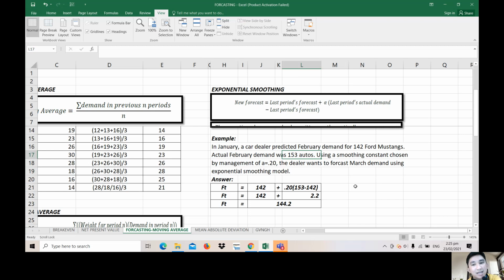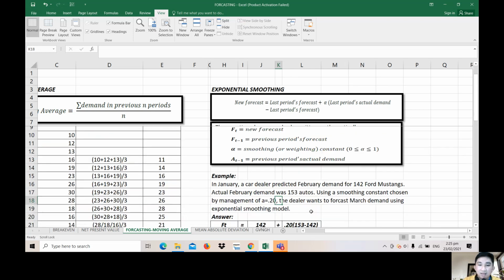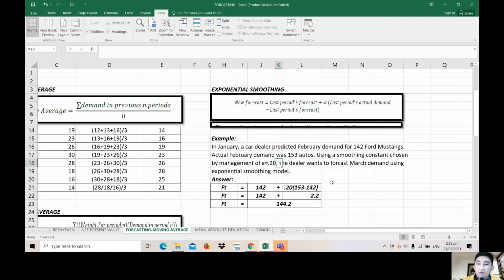So the forecast is 142, but the actual demand is 153. Okay? Using a smoothing constant chosen by the management of 0.20, this is the weight, the smoothing weight. The dealer wants to forecast March demand using the exponential smoothing model. So, we are going to use this formula.